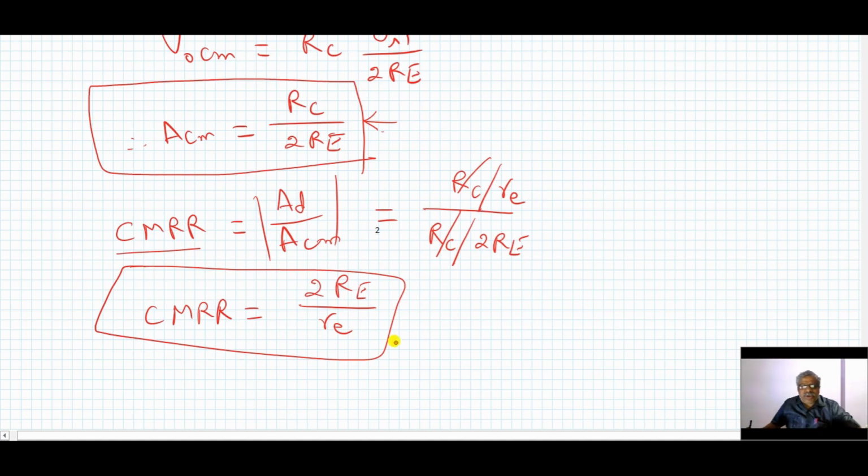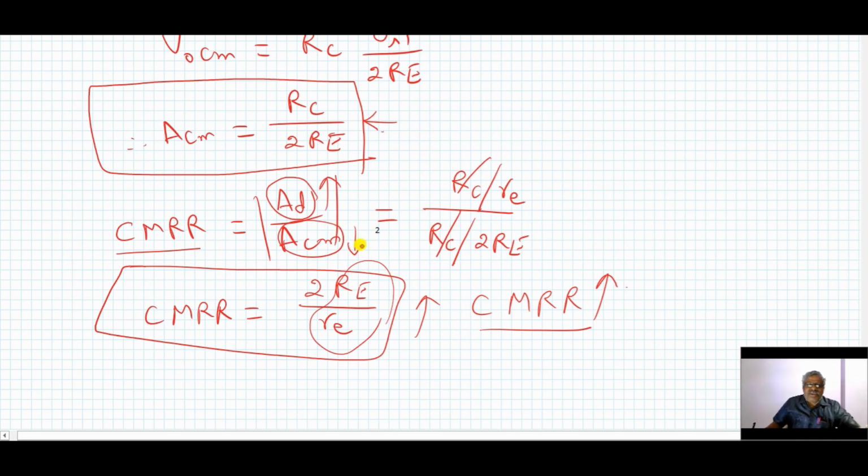So if you observe carefully, capital RE value is much larger than small re, so the ratio of capital RE by small re will be very large. That's why it is possible to get a much larger CMRR value. What can we understand if the CMRR value is much larger? If you see this definition, if the ratio of AD to ACM is large, it indicates that AD is much larger and ACM is much smaller.